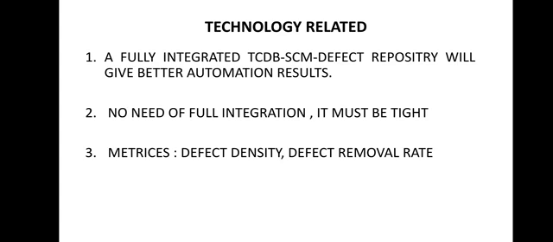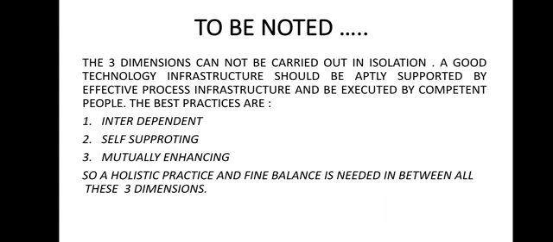So you have seen the three things: process related, people related, as well as technology related best practices. We can give a final remark on best practices: all these three dimensions, which you can see in the next slide, cannot be carried out in isolation. A good technology infrastructure should apply all of these things together.